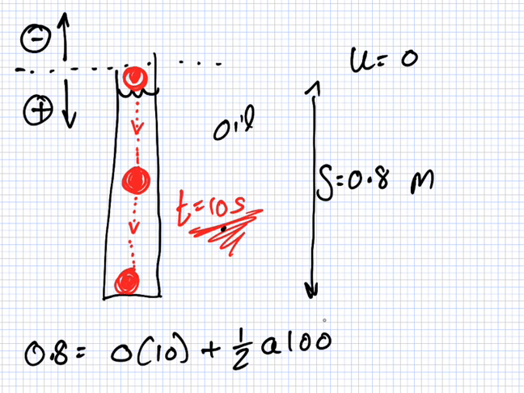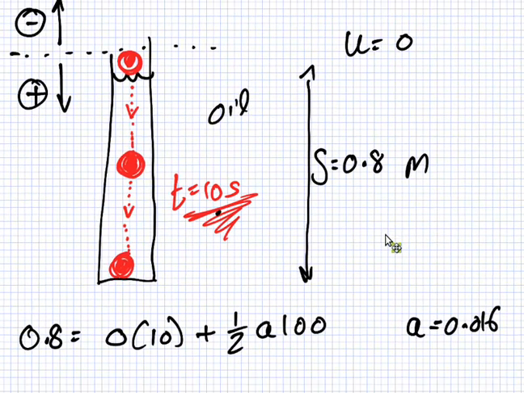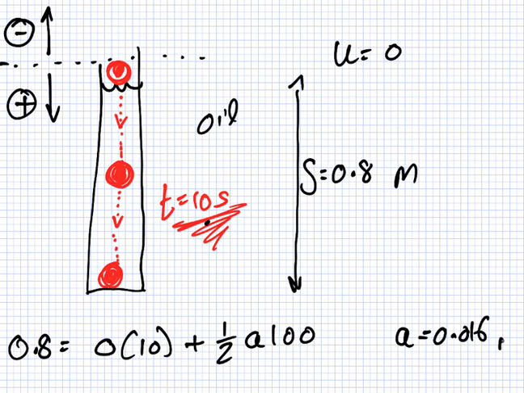Come on, wake up. What should the a be? 9.8. 9.8, thank you. It should be 9.8, and when I calculate it here, it's tiny, it's 0.016 meters per second squared.